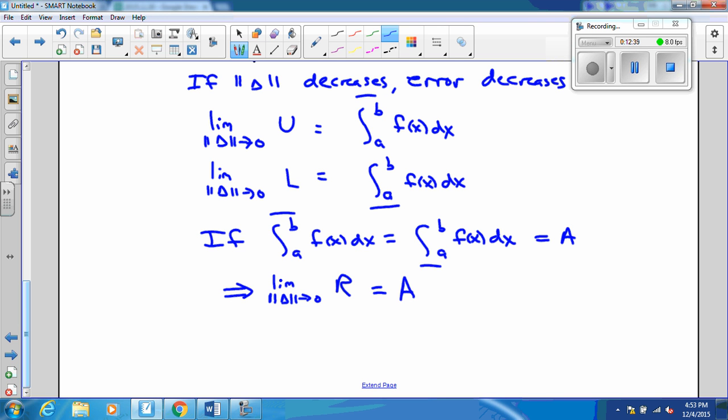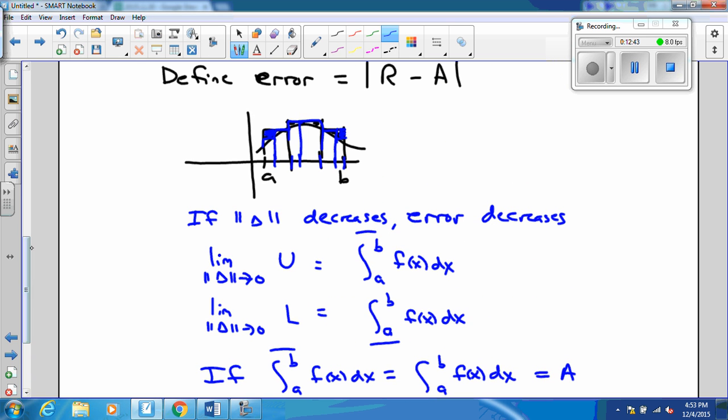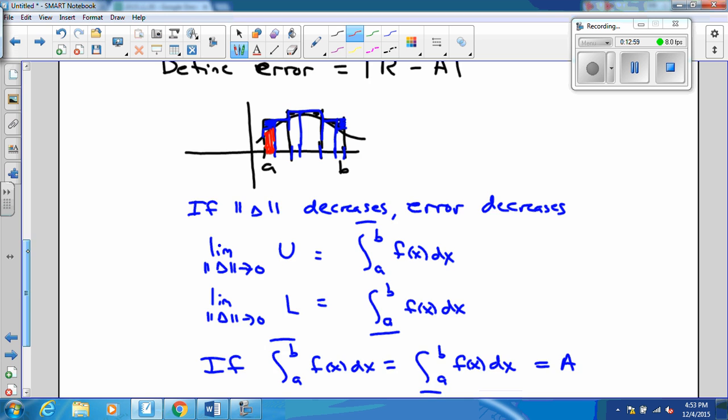Let's call that value A. And in fact, that value A is the net signed area. In other words, we're going to eliminate the error by making my delta x so small that there is essentially negligible error left.